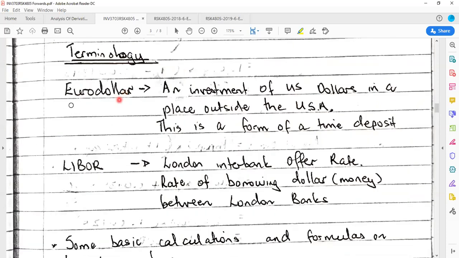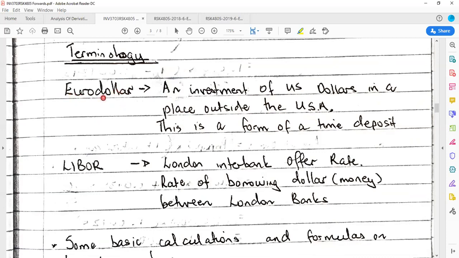The first terminology is what we call a Eurodollar, or a Eurodollar time deposit or a Eurodollar investment. A Eurodollar is an investment of US dollars in a place outside of the USA. So let's say you have a British bank that invests US dollars with a Japanese bank.